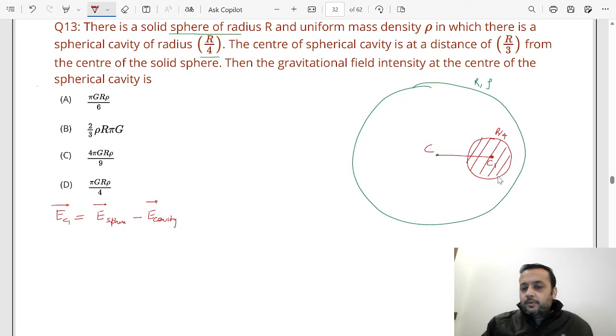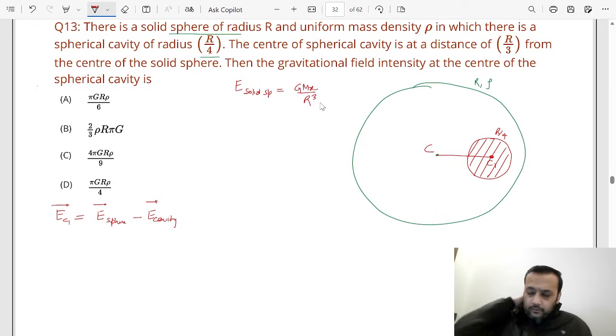Now look at the cavity first. The cavity was also a solid sphere which has been removed, right? This shaded sphere has been removed. And what is the formula of the field inside a solid sphere? The field inside a solid sphere is nothing but GMx by R cube.